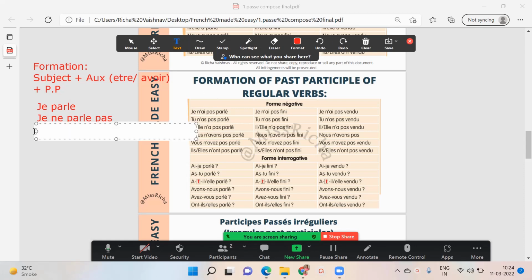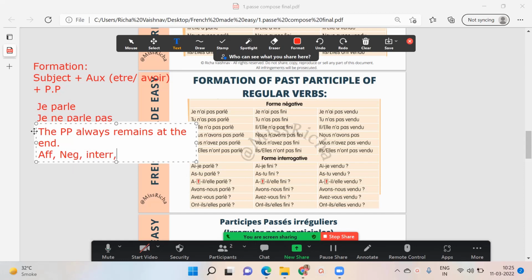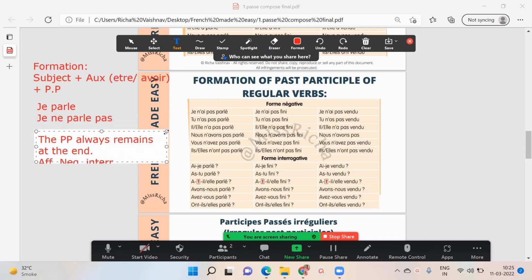I want you to make a note of this. The past participle, the PP, always remains at the end. In any form you take, okay, that's affirmative, negative, interrogative, and interrogative negative. Right? There are these four forms in French.